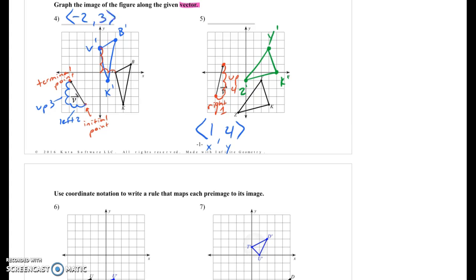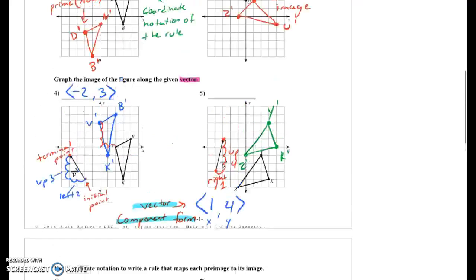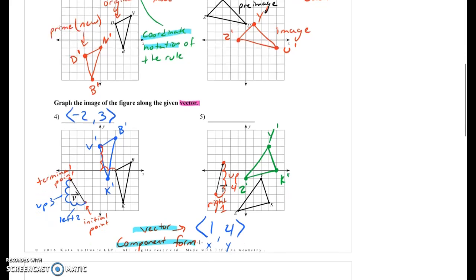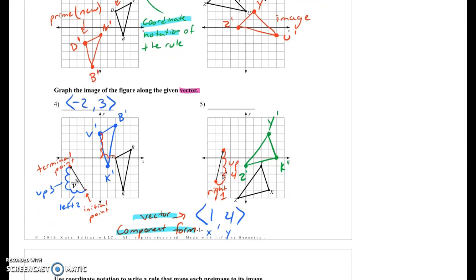Once again, this is known as vector component form. You need to know this form along with this notation. You need to know the difference for it on the exam.